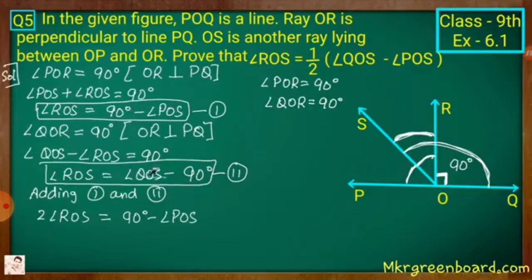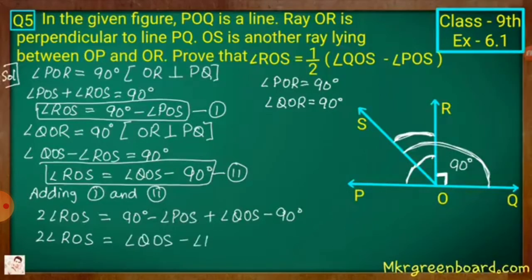Second equation: plus QOS minus 90 degrees. Plus 90 minus 90 cancel. 2 angle ROS equals QOS minus angle POS. Yes, finally we got this.